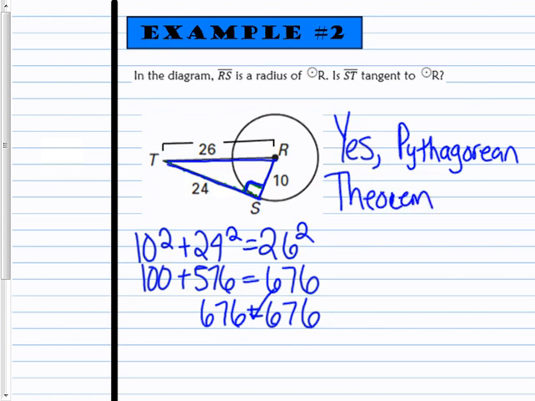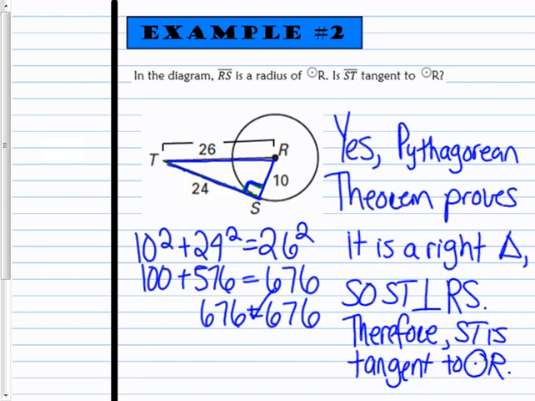I'm going to pause this, write the answer, and then press play when I'm done. Okay, there's the answer. Yes, and here's the explanation why. The Pythagorean theorem shows that this is a right triangle, so ST is perpendicular to RS, because perpendicular lines make that right angle. If it is a right angle, we know the lines are perpendicular.